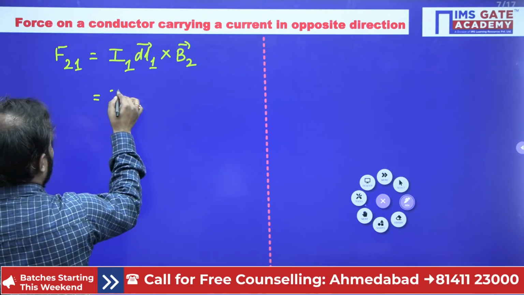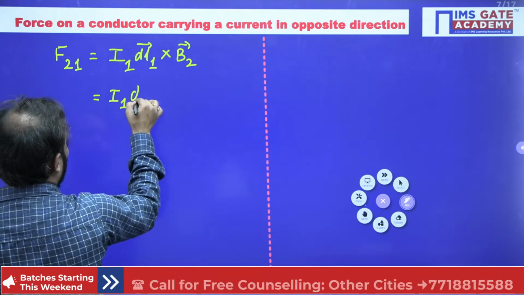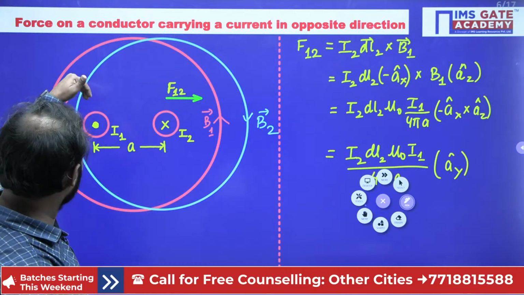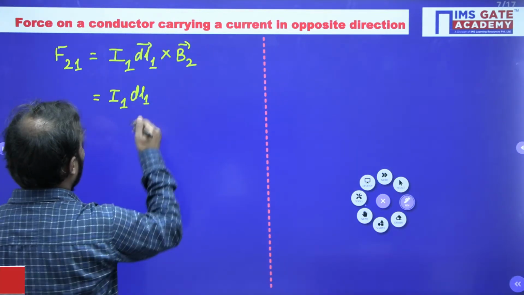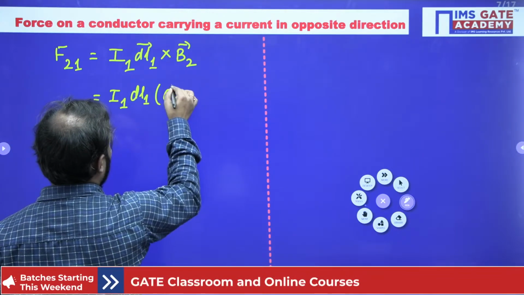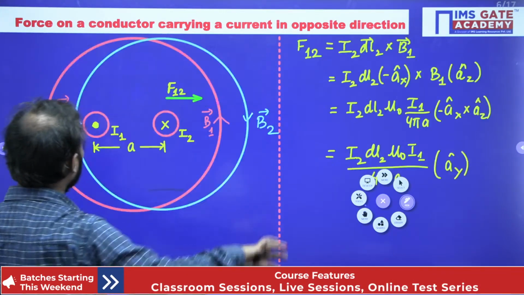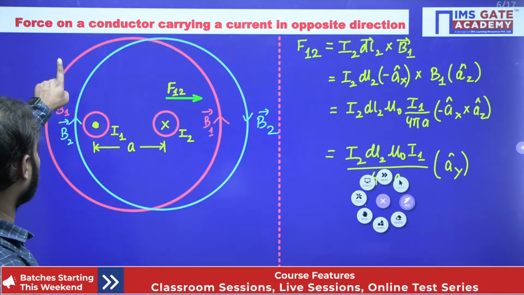So this will become I1 del L1. And what is the direction here? It is outward, so AX cap, into B2. What is the direction of B2? B2 is in the upward direction, so AZ.